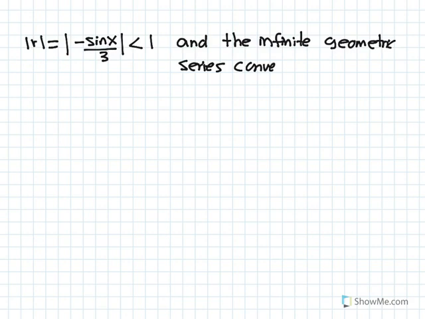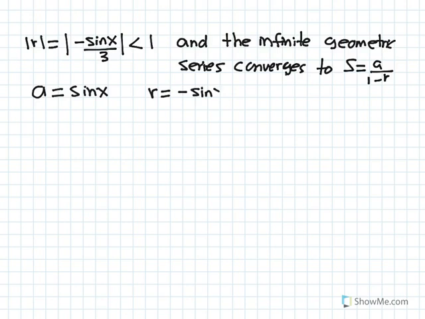It converges to a finite sum, converges to s, where s is equal to a divided by 1 minus r. a is the first term, a is equal to sine x, and the common ratio r is equal to minus sine x divided by 3.